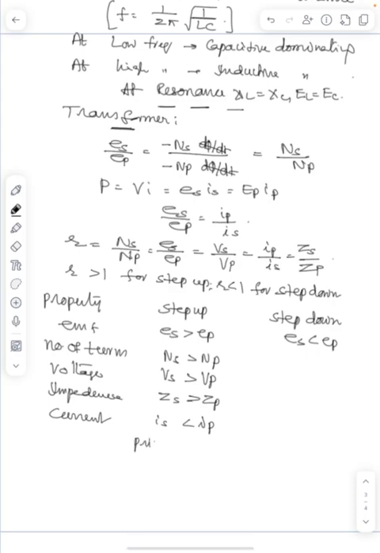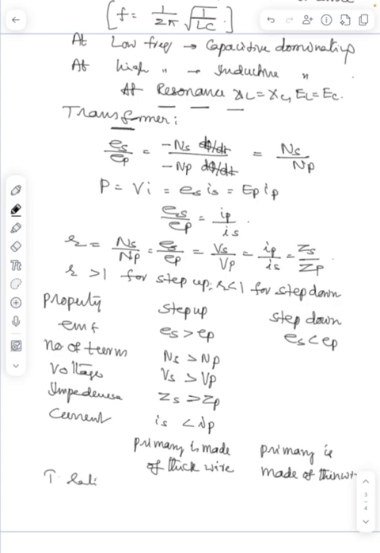Nature: primary is made of thick wire. Here primary is made of thin wire. Transformer ratio R greater than 1 or less than 1.